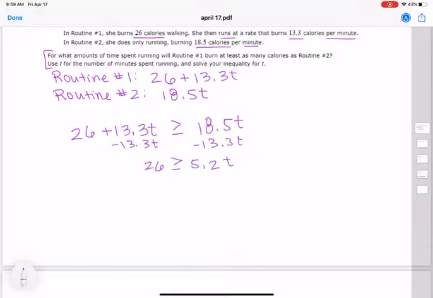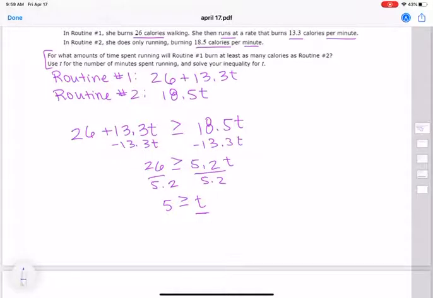Then just divide both sides by 5.2, and we get 5 is greater than or equal to T. This means that when the amount of time spent running is no more than 5 minutes, because T is the less than, routine one burns at least as many calories as routine two.